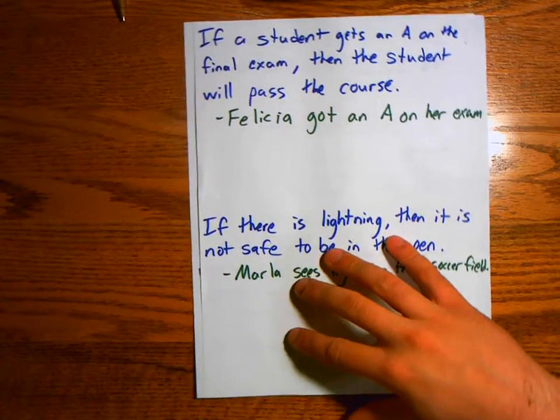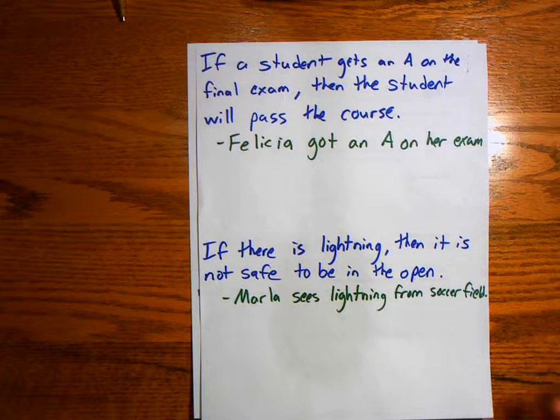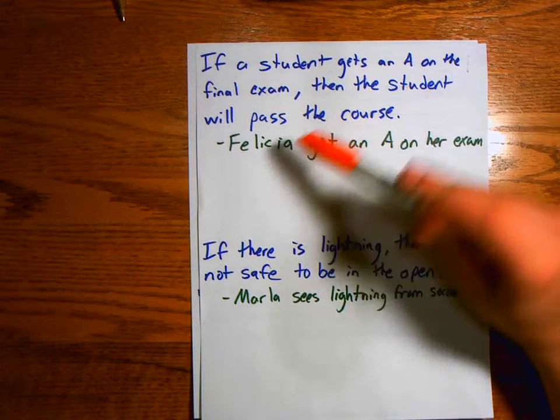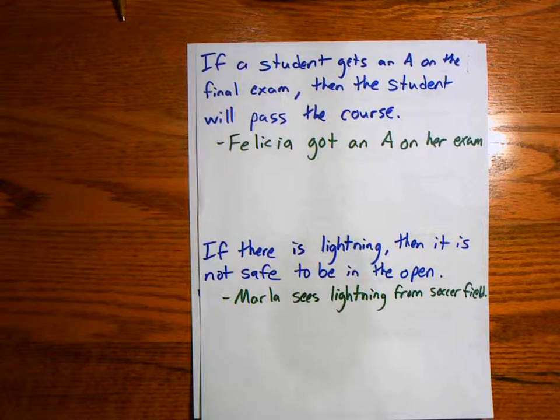Let's take a look at an example. If a student gets an A on a final exam, then the student will pass the course. This is a conditional statement, and it is a true conditional statement. Now, we have this other statement: Felicia got an A on her exam.